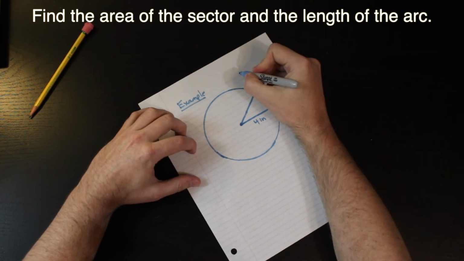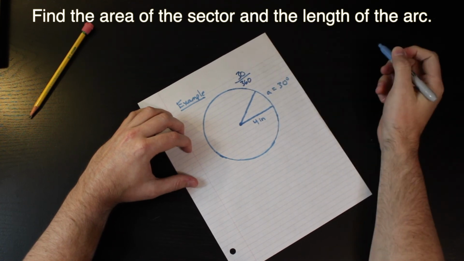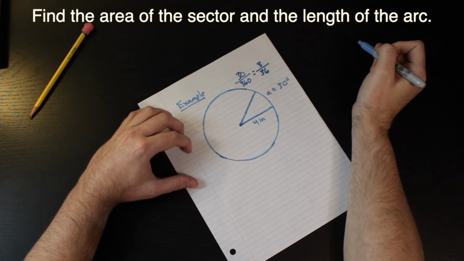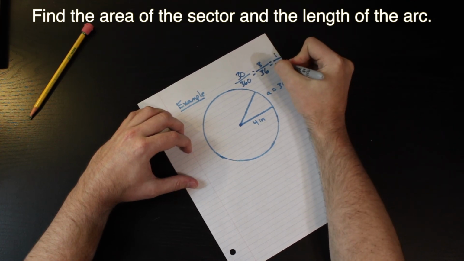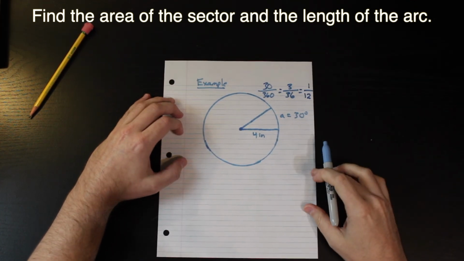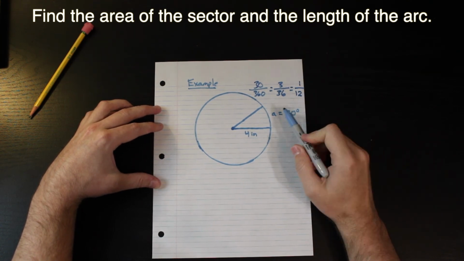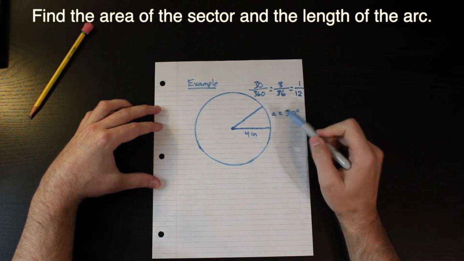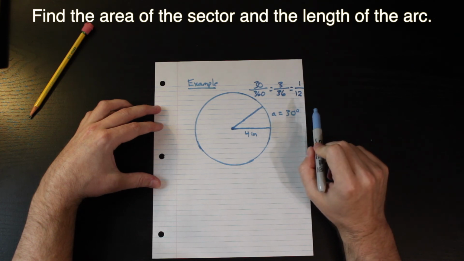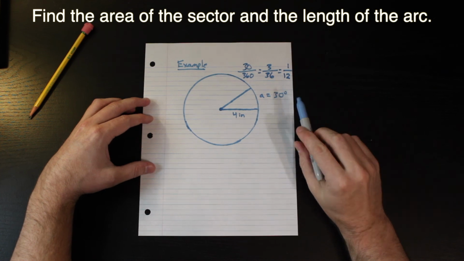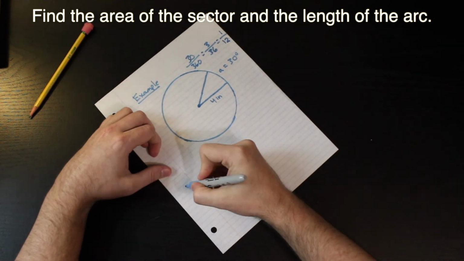We have 30 over 360, which reduces to 3 over 36, and finally to 1 over 12. We have 1/12 of a full circle here. So that means that the formulas we will need will be our normal circle formulas divided by 12. Let's go ahead and do that.